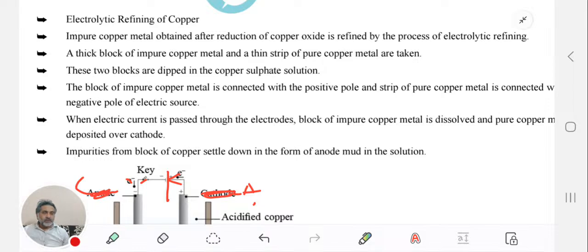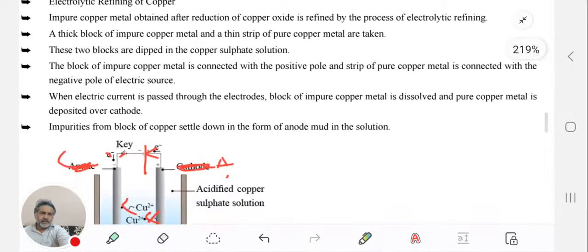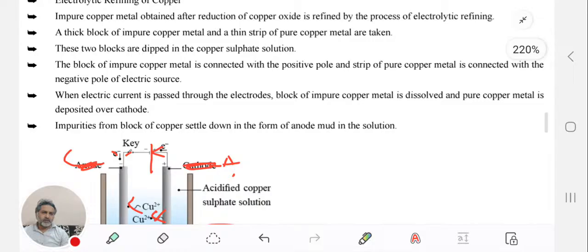The block of impure copper metal is connected with the positive pole and the strip of pure copper metal is connected with the negative pole of the electric source. When electric current is passed through the electrodes, the block of impure copper metal dissolves and pure copper metal is deposited over the cathode.